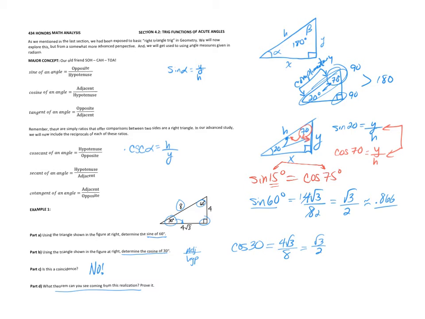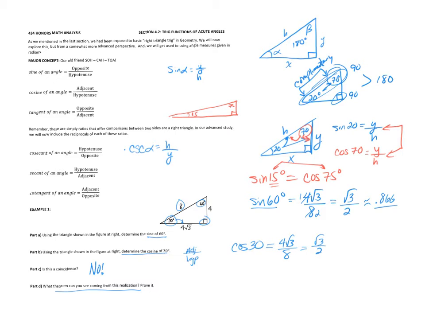If you just think about it geometrically as far as what's happening, a 15-degree angle is a pretty small angle. So if you had a 15-degree angle here, this is going to be a 75-degree angle here. The cosine of 15 is measuring the relationship between this side length here and this side length here. You can see that this horizontal piece is almost as long as that hypotenuse is.